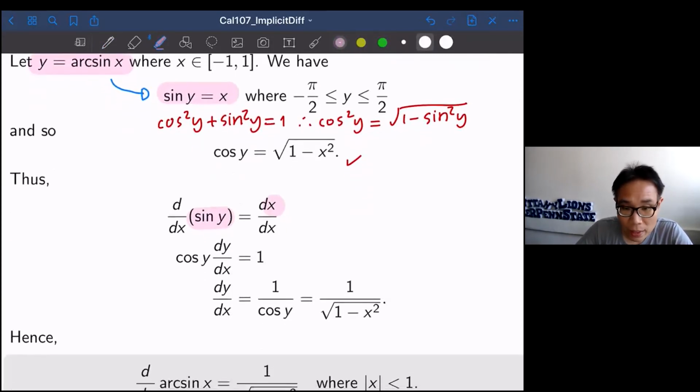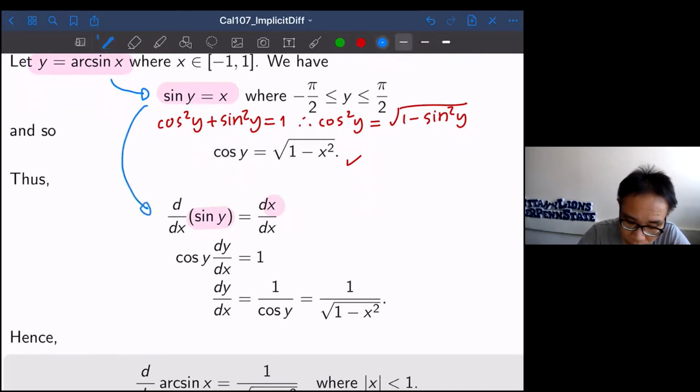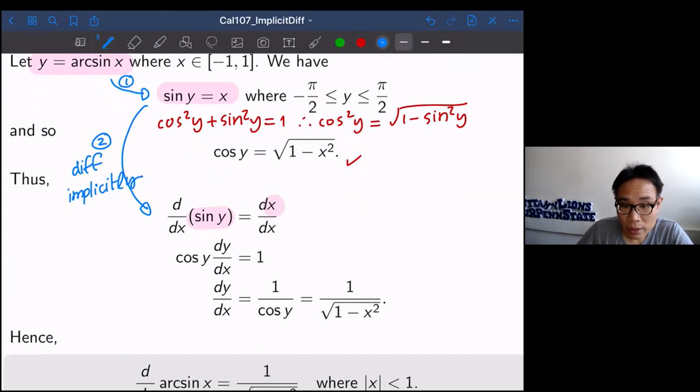You see that you differentiate implicitly. Let me write here. This one is the first step. The second step, you differentiate implicitly, and you get d/dx of sine y equal to d/dx of x, and on this side you get cos y dy/dx, equal to 1.